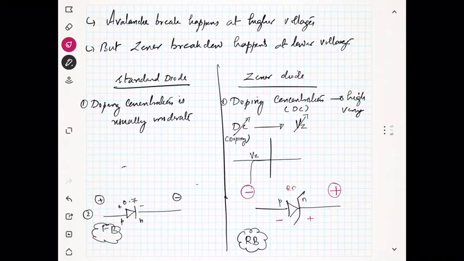That means you are applying reverse bias, and the voltage across the Zener diode will be Vz. This you should know. In reverse bias, if there is a current through the Zener diode, the voltage across it will be Vz.